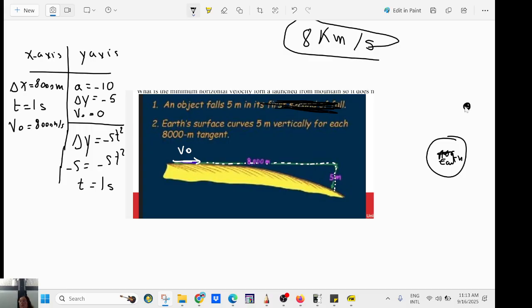The moon wants to keep going in a straight line at a constant speed. No, you can't. You're going to fall. So it's constantly falling toward the Earth, except that the Earth is curving away. So it will never reach the Earth. So Newton unified gravity on Earth and in the heavens.